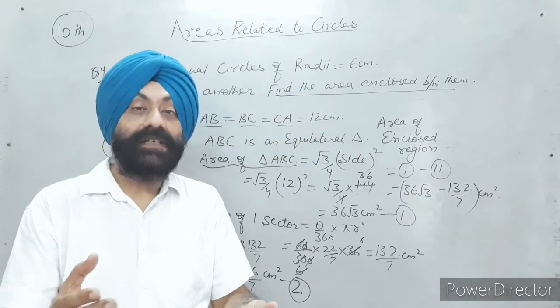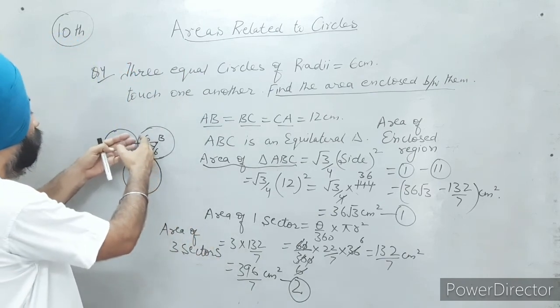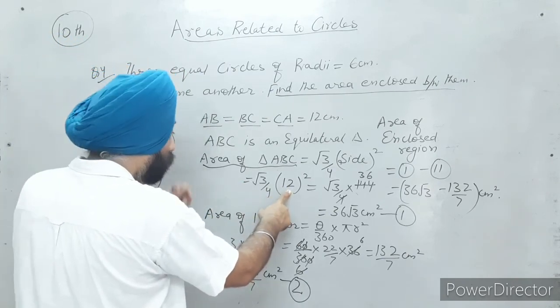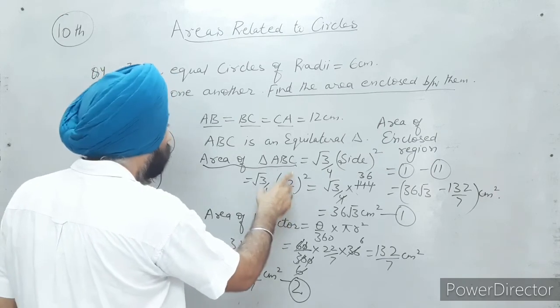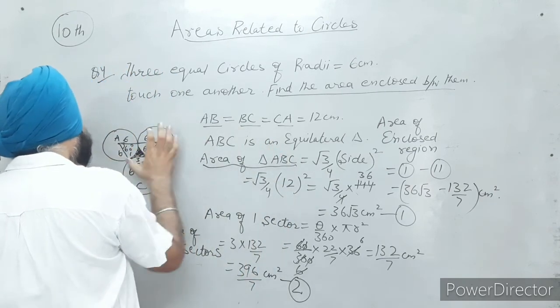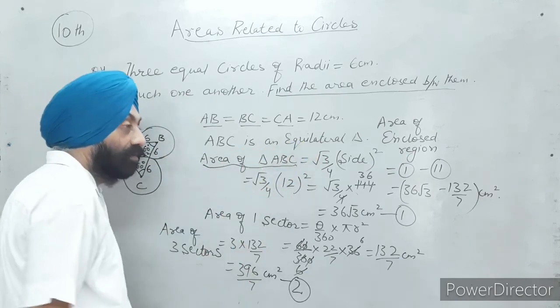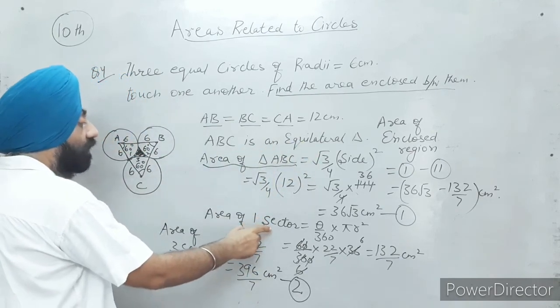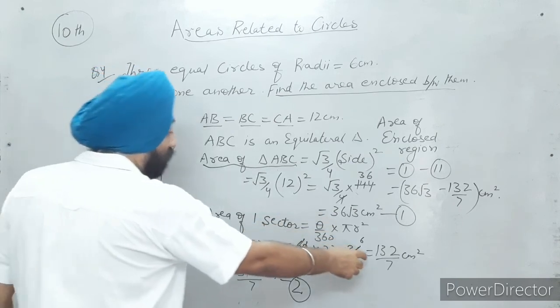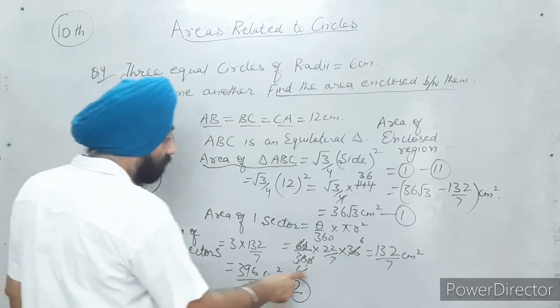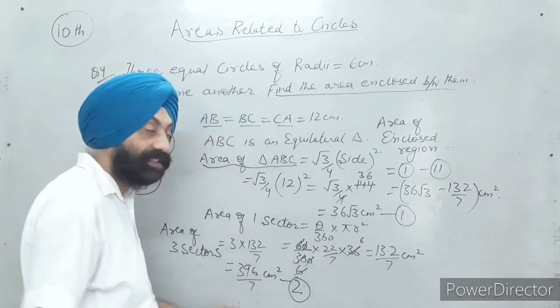Now what we did, we calculated area of the triangle using under root 3 by 4 into side square. But since AB was equal to BC was equal to CA, it became an equilateral triangle. Then we calculated area of one sector, came out to be this. Area of 3 sectors, I have 3 sectors, multiply by 3, I get 396 by 7.